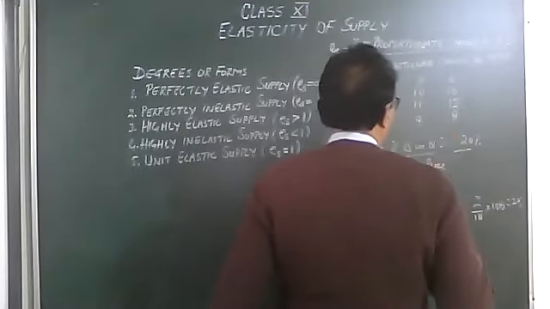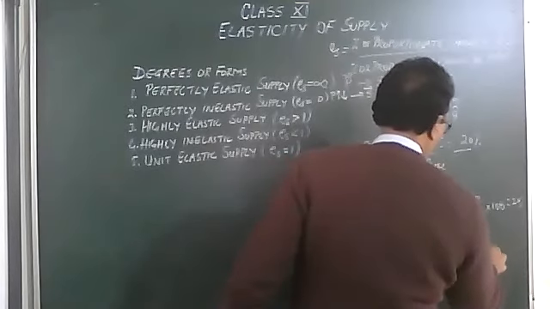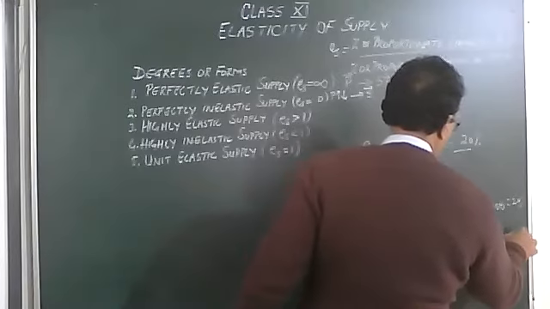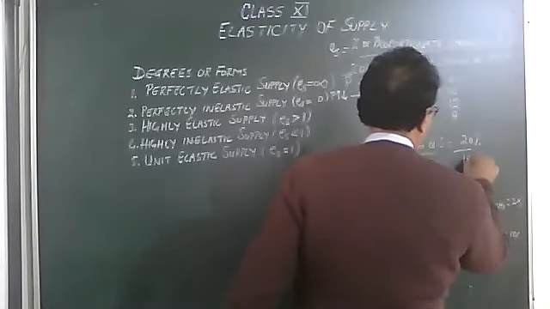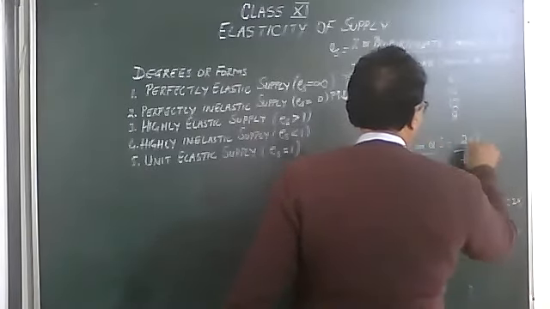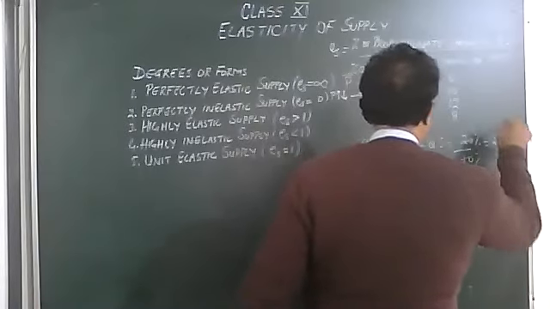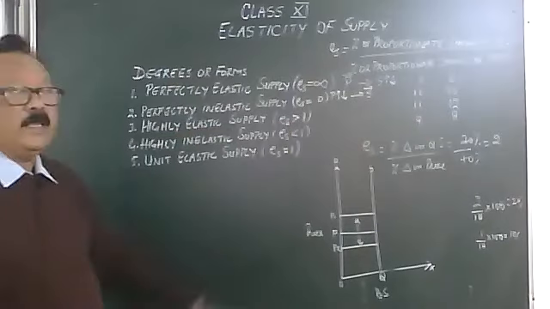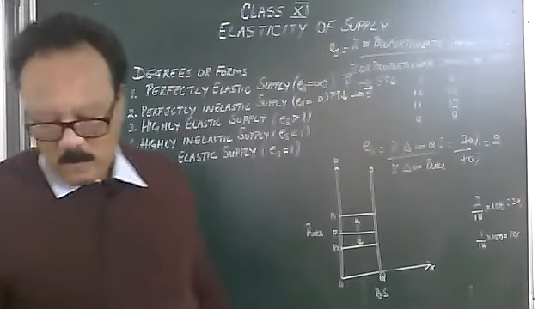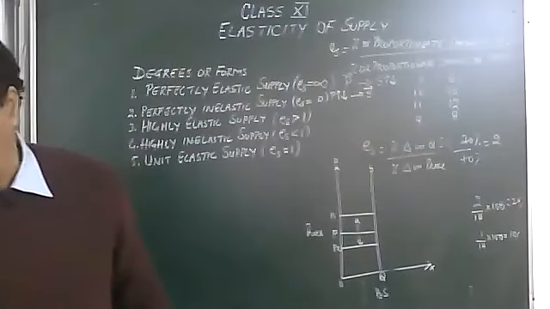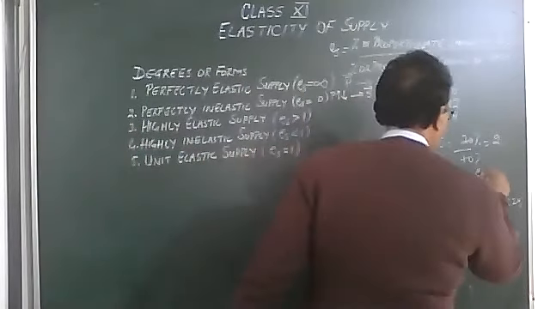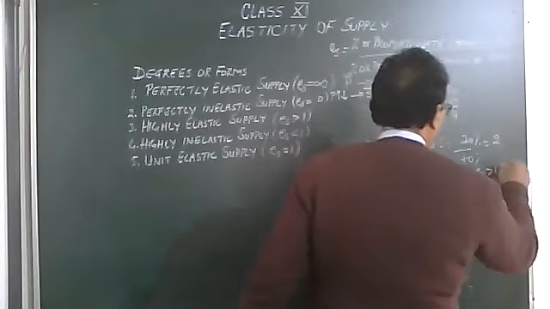From 10 price becomes 9, that is 1 upon 10 into 100, that is equal to 10%. This becomes 2. So, highly elastic is when ES is greater than 1. Here you will find ES is greater than 1.